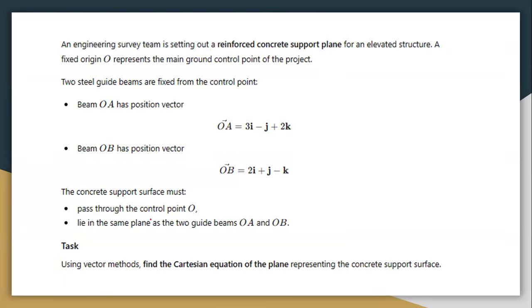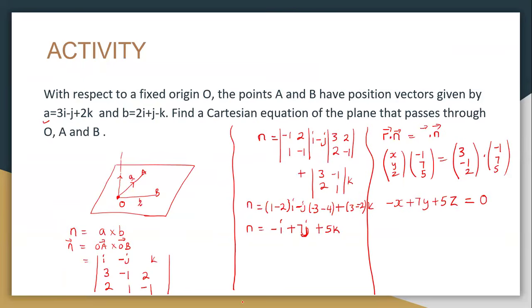The moment you check and you notice that it is on the plane, then it is okay. You get the same answer. And how do we check that the point is on the plane? What you do, in case I have a coordinate 3, -1, and 2 as a point, and they have given me a plane.